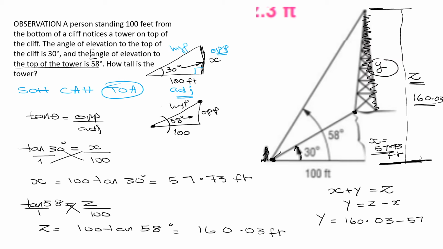So let's do 160.03 minus 57.73. So you will get 102.3 feet. So 102.3 feet is the length, or the height, of the tower.